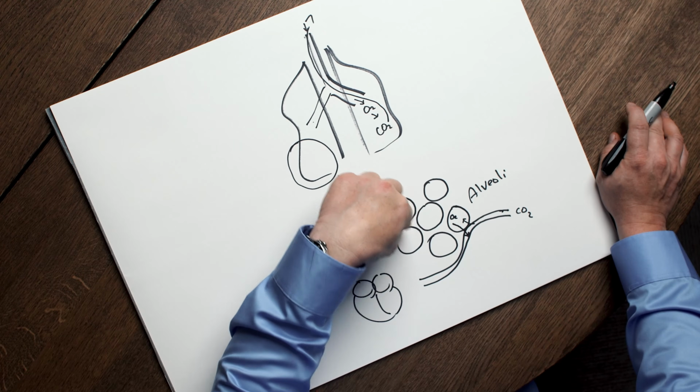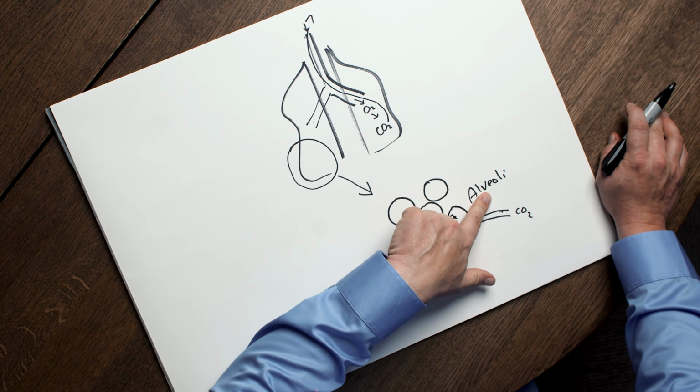Well, when you have a general anesthetic and you're asleep, you can get little tiny micro collapse of these little tiny alveoli. It's not your whole lung that is collapsed, but these little tiny air sacs are collapsed. And by doing that, that generates a fever.